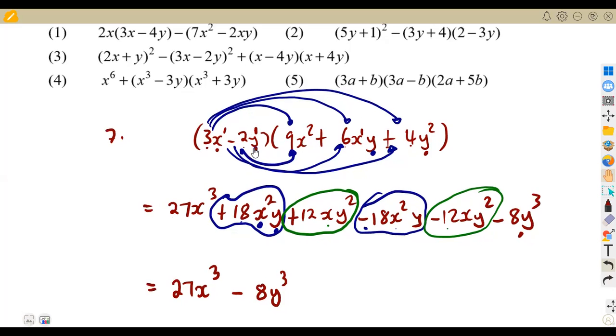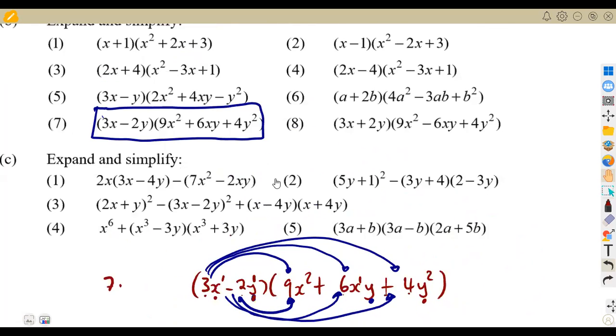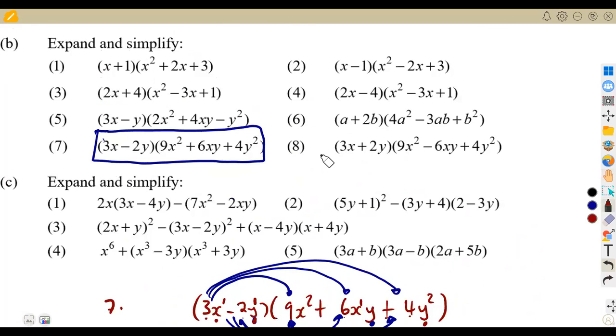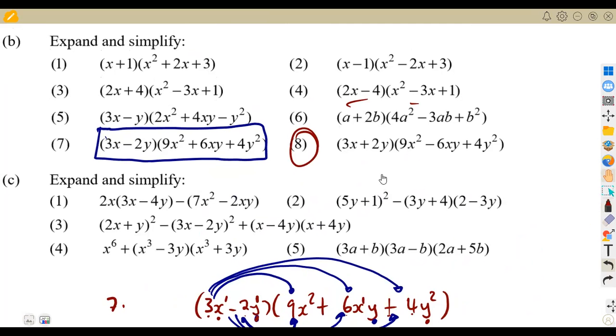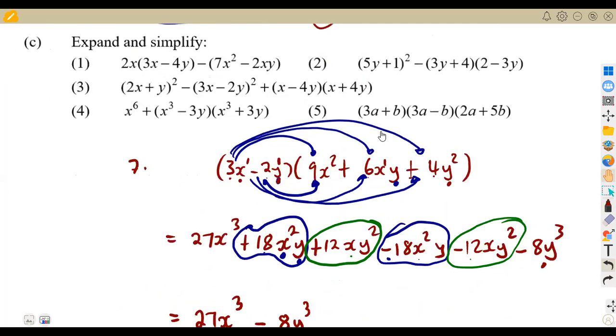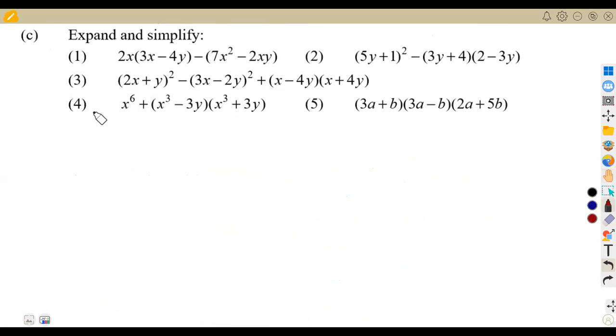So I want you to try as many questions as you can. This is the same scenario that you have on number 8. All this part, let us just try to expand and see if we are together. All right, the C part, we've got questions such as expand and simplify. I also talked about these typical questions where you are given to expand and simplify.